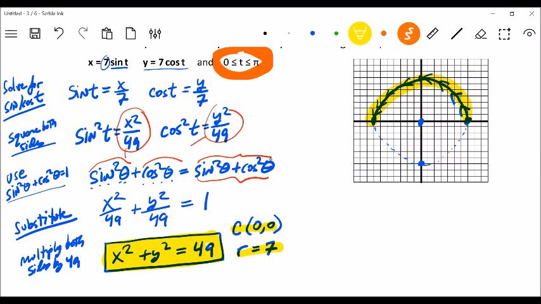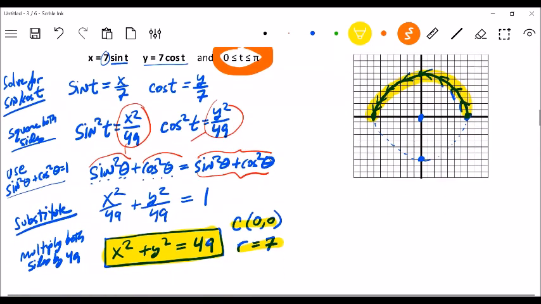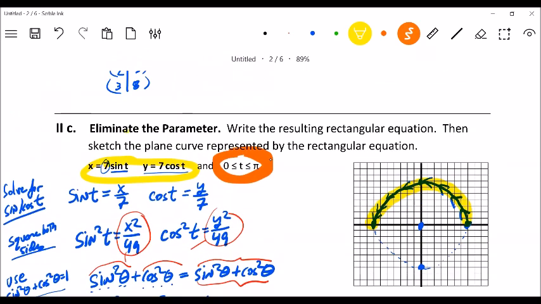So that's a different type of one. It's a circle, but only part of it can be used. And you find out what the circle is by having those parametric equations and changing them into a rectangular equation. And it's from eliminating the parameter.